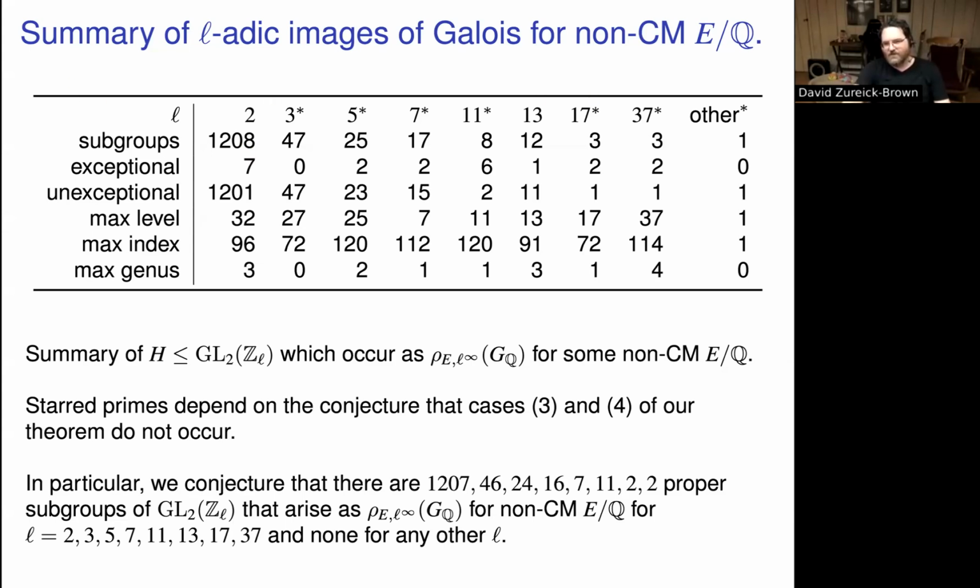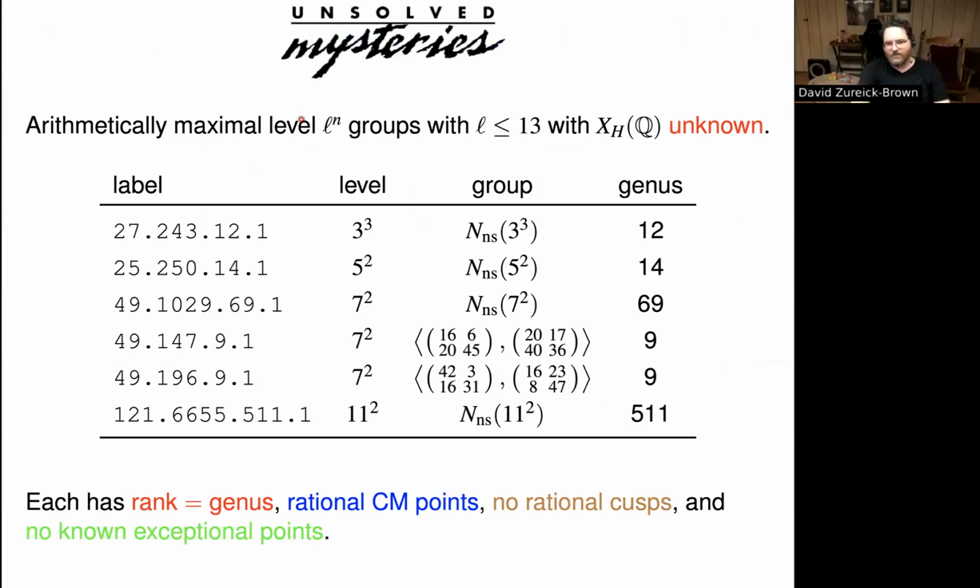But of course, it trickles off and then conjecturally should stabilize. And then I need to remove some of these stars. So the stars are there because for 3, 5, 7, 11, actually 17 is known now too. This is only conjectural because of the unsolved mysteries.